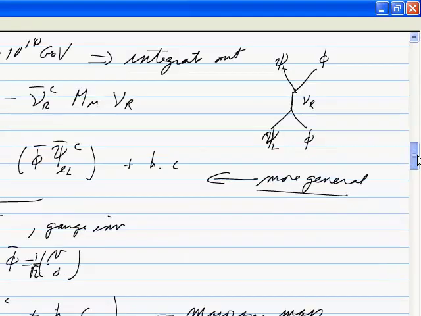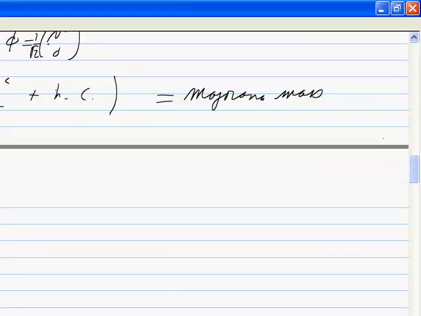So, with that, let's do Majorana neutrino mixing now.